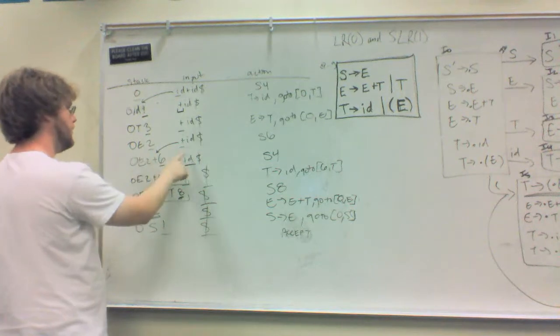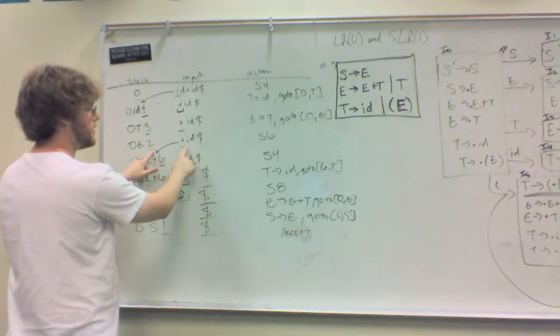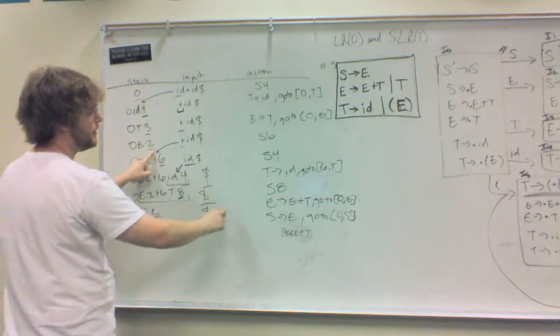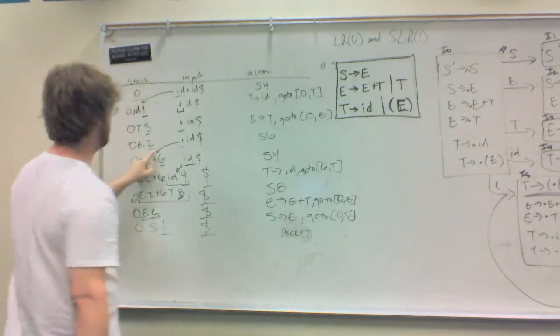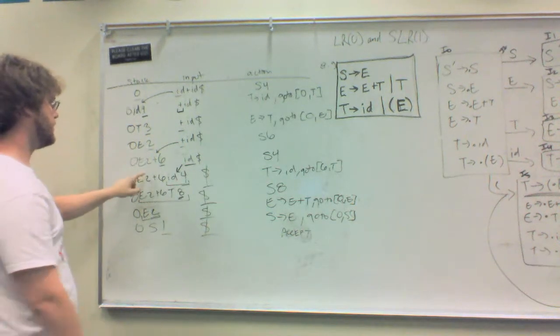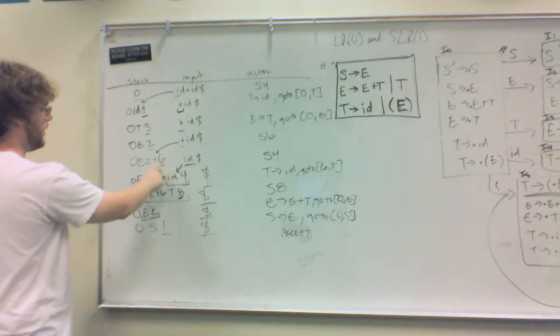Now, we'll look at state 2 and the plus symbol. The action there is to shift to state 6. Shifting to state 6, we'll shift the plus over and put a 6 on the stack.